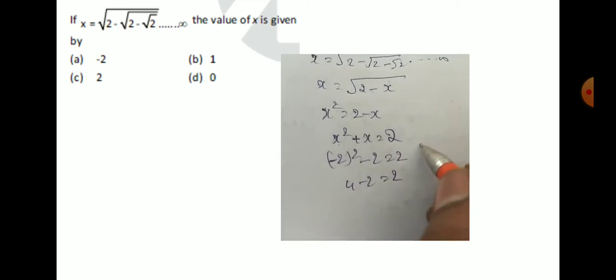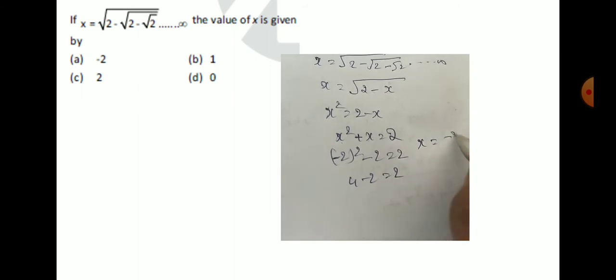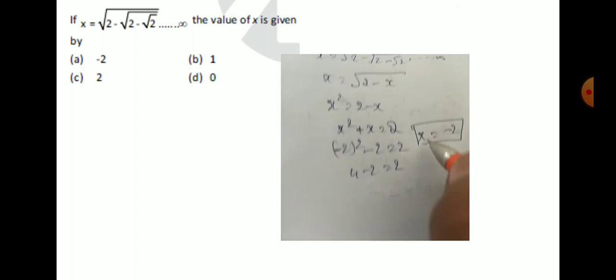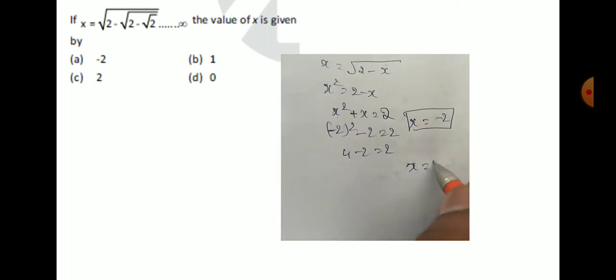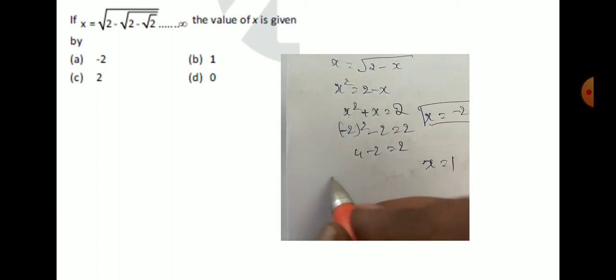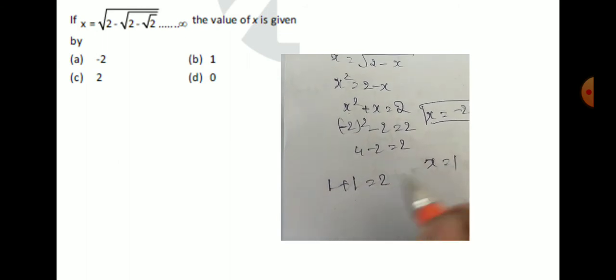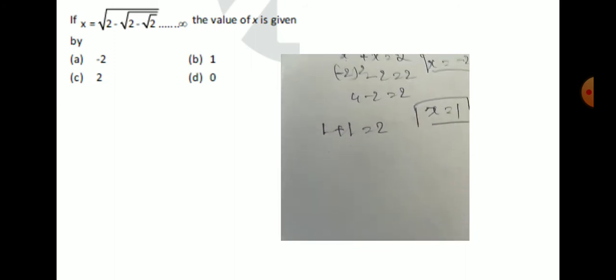That means whenever we take x value as minus 2, this is holding good. As well as if you take x is equal to 1, what will happen? 1 square is 1 plus 1 is 2. Yes, it is also holding good. x is equal to minus 2 is also right. x is equal to 1 is also right.